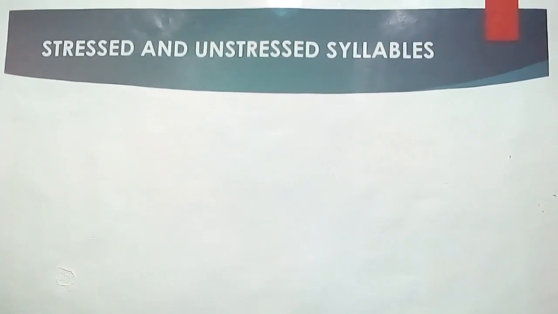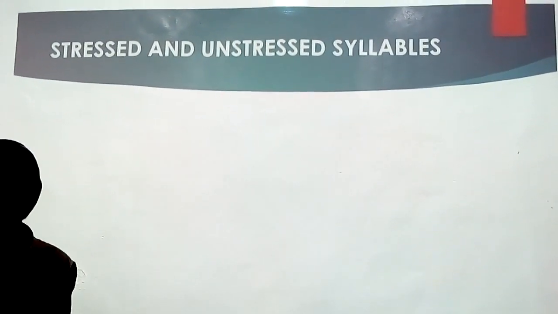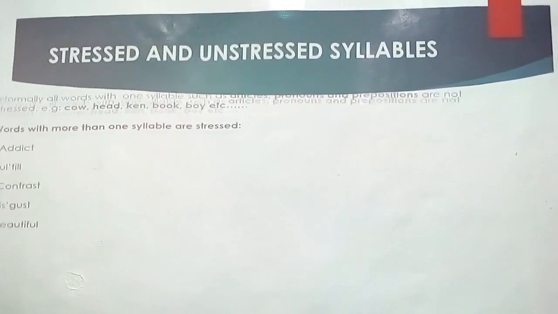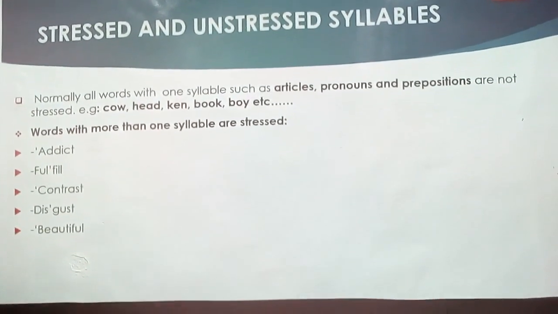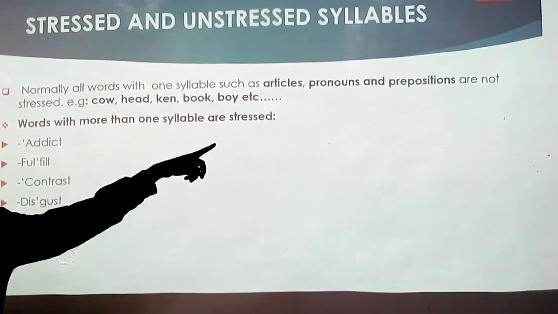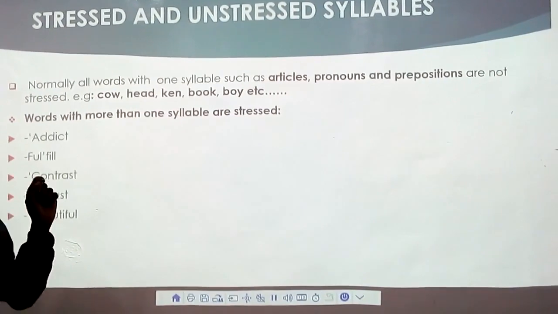Stressed and unstressed syllables. Okay, what are they? Keep following, you are going to see. Okay, very nice. Normally, all words with one syllable, such as articles, pronouns, prepositions, are not stressed.